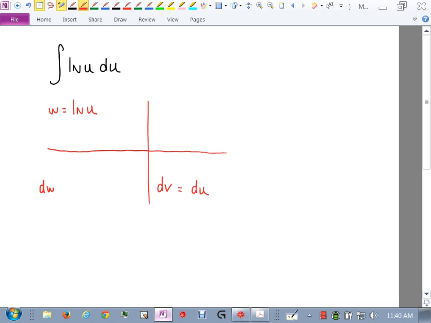So dw is 1 over u du, that's the derivative of natural log. The antiderivative of 1, or du, is u. And so this integral becomes, well, it's not really u v, right? What would it be? I can't do it, you know what I'm talking about.